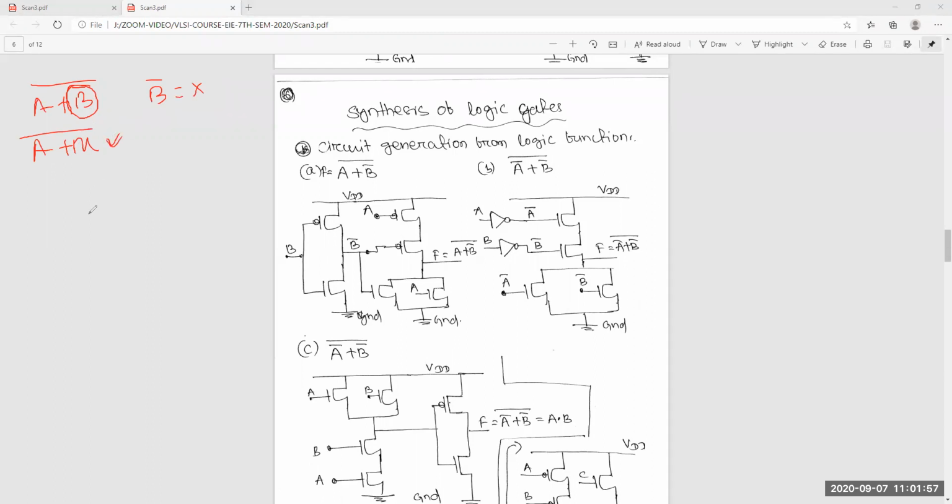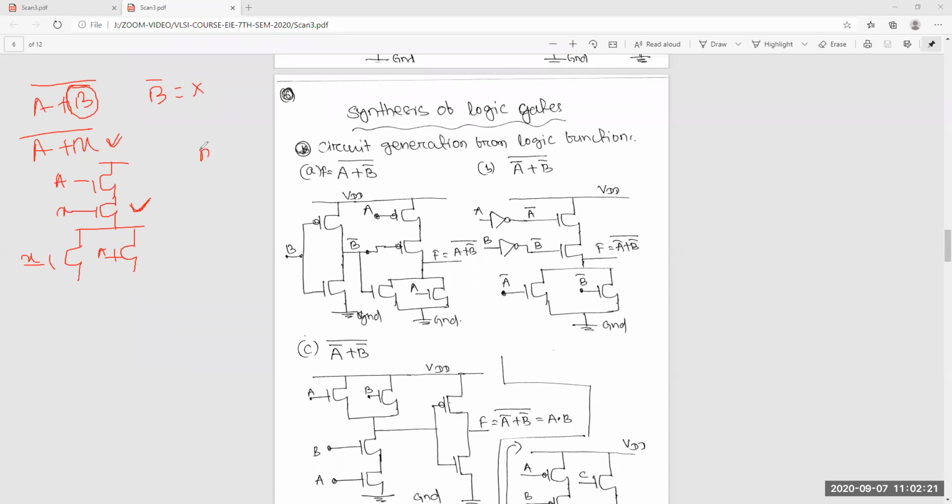So when you design it, this is x, this is a. Okay, so this is your circuit. Again, what is your x?